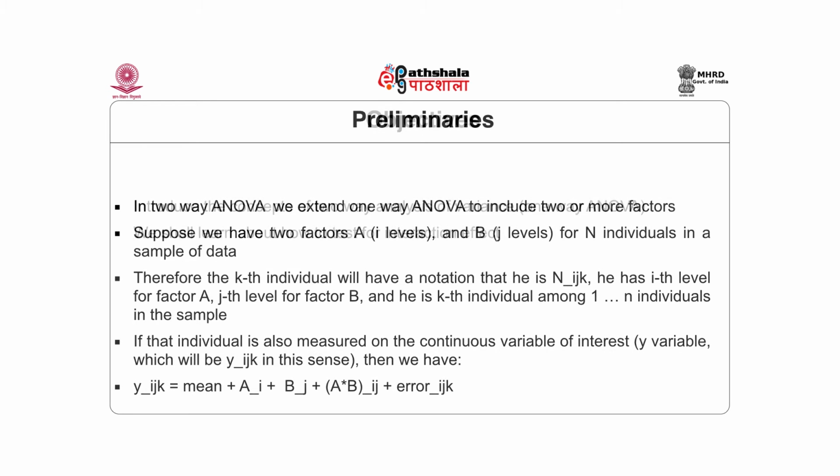So to repeat, in two-way ANOVA, we are going to extend one-way ANOVA, and we're going to include two or more factors. As we have already mentioned, in the context of R for statistics, we have seen that any categorical variable can be converted into a factor variable.